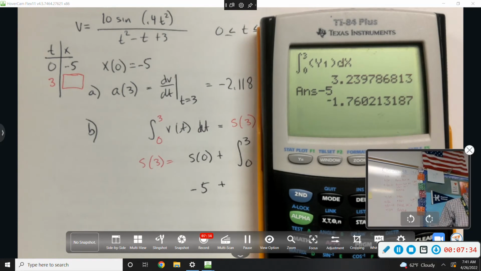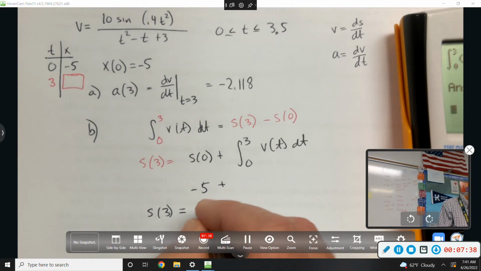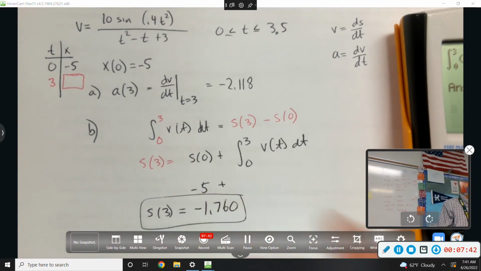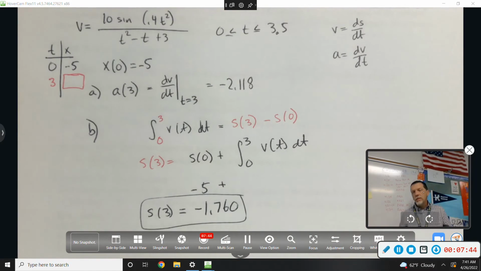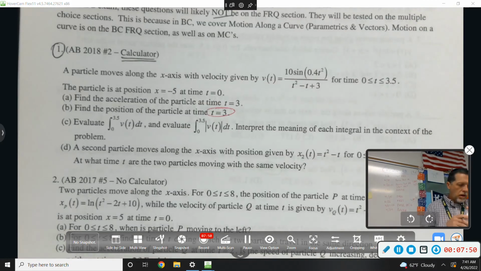So s of 3 is negative 1.760 meters or feet or miles, we don't know, so don't put a unit on that. At this point, I'm thinking I hope you get a problem like this, because that's pretty straightforward.